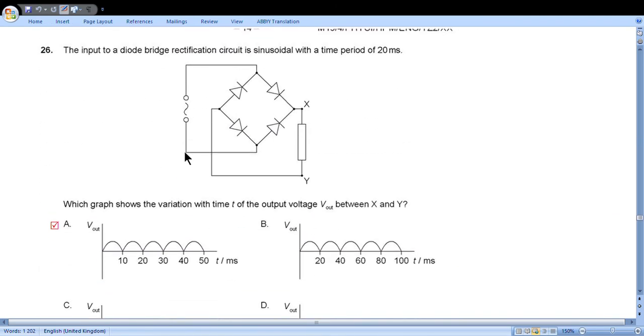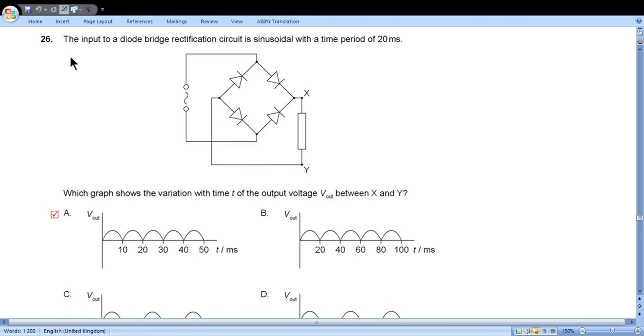Question 26. The input to a diode bridge rectification circuit is a sinusoidal signal with a time period of 20 milliseconds. Which graph shows the variation with time of the output between X and Y? This bridge lets the positive current go through for 10 milliseconds, and then lets the opposite current go.